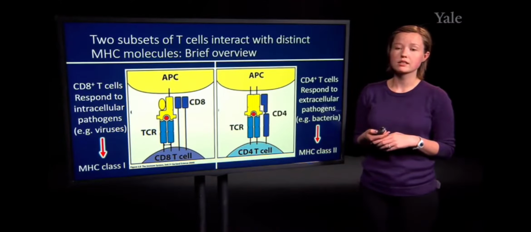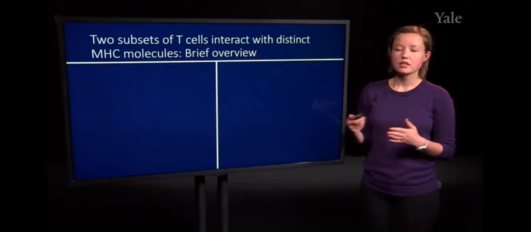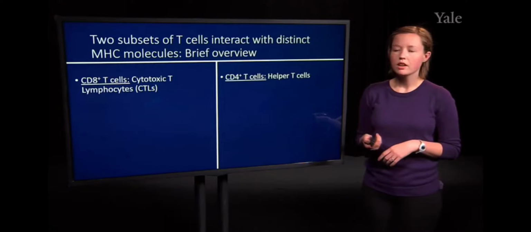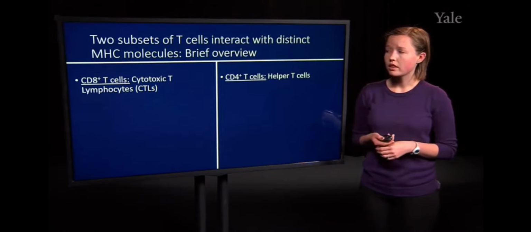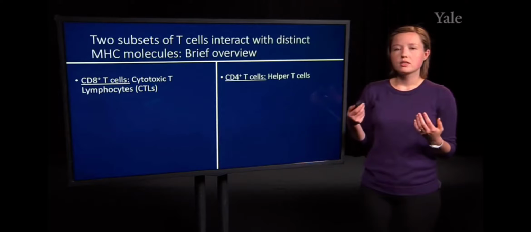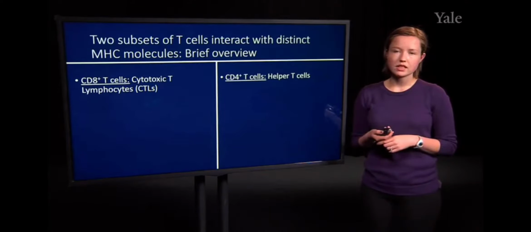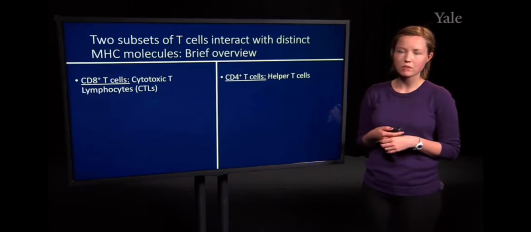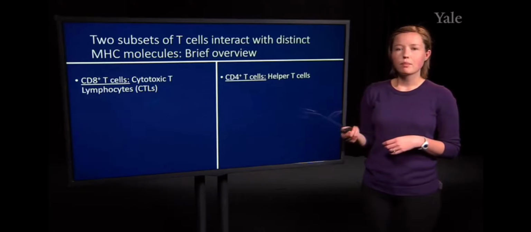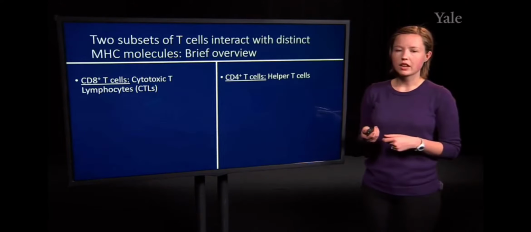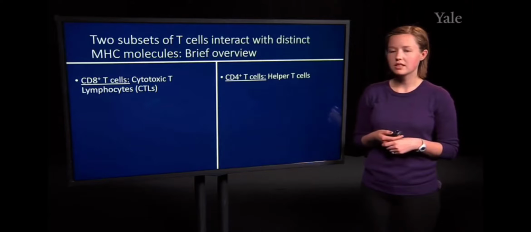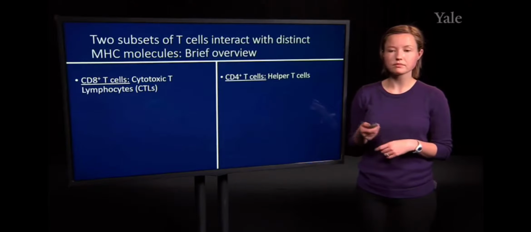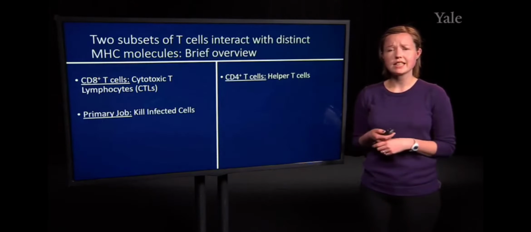So just summarizing this a little bit more, we have our CD8 T cells, which during an immune response, when they're stimulated, will produce these cytotoxic T lymphocytes, or CTLs, and this will be discussed in much more depth in subsequent lectures about immune responses, but this is just another way to contextualize. We also have the CD4 T cells, and these will become, during an immune response, helper T cells. The primary job of these CD8 T cells is going to be killing infected cells.